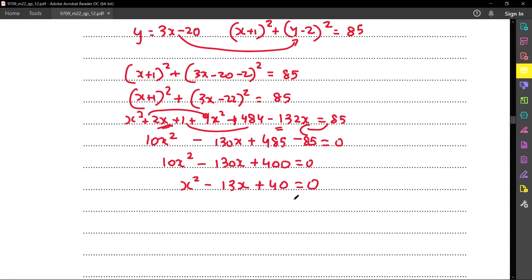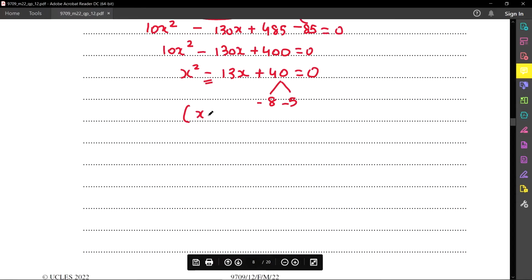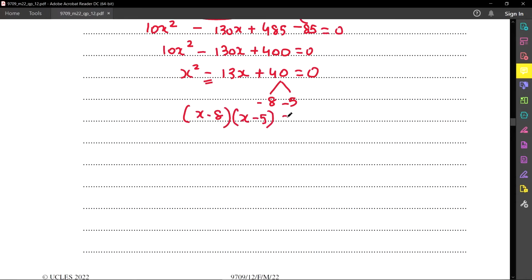And this is a very simple quadratic equation which can be factorized by splitting the middle term. 8 fives are 40. Since the sum is negative, you have minus 8 and minus 5. So when you solve, you get (x - 8)(x - 5) = 0. Therefore, x = 8 or x = 5.